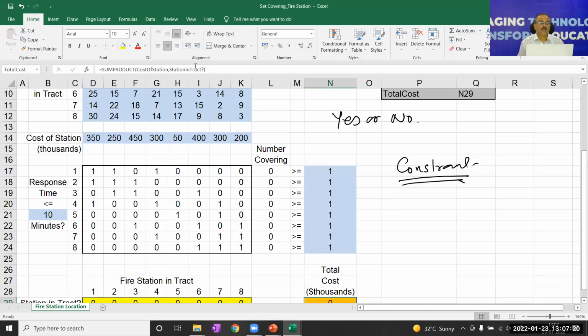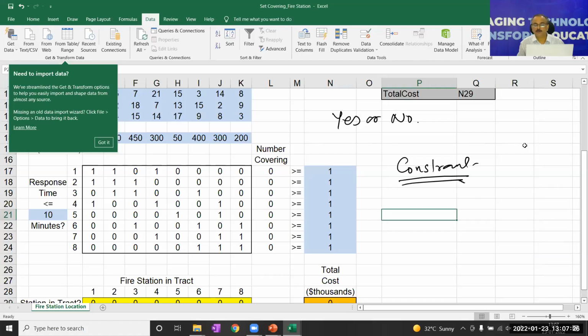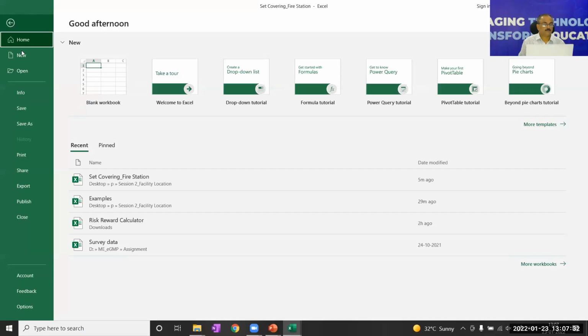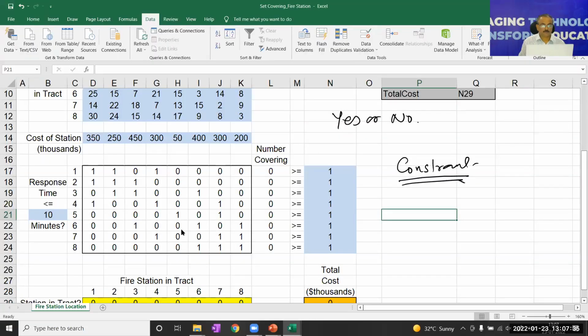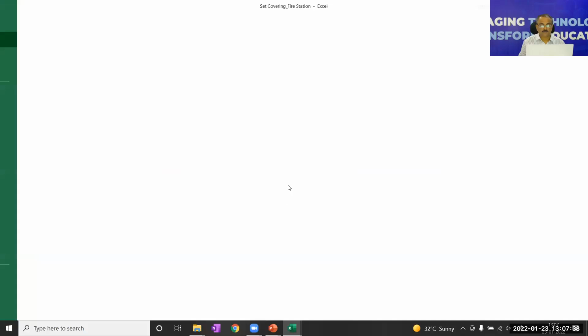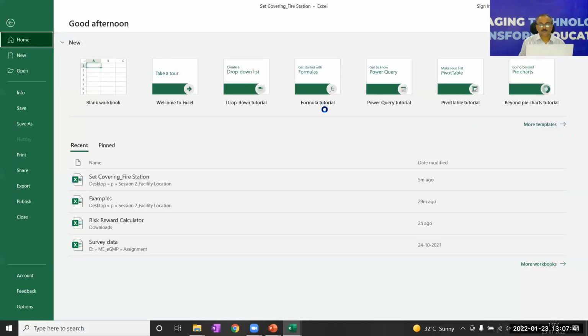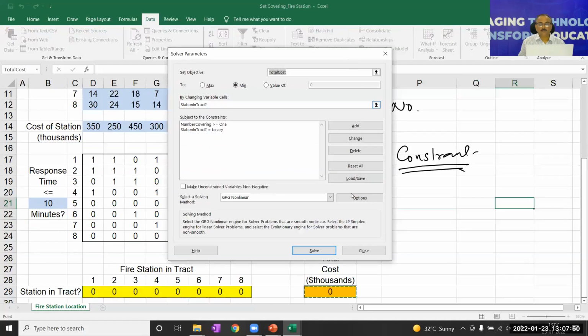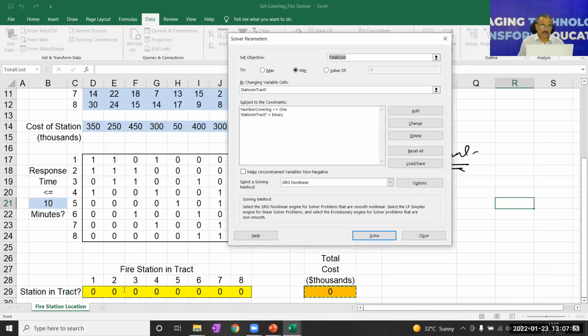If you solve this model using the solver, with the objective of minimizing the total cost by changing the cells where you locate the fire station, and with the constraint that the number covering should be greater than or equal to 1.